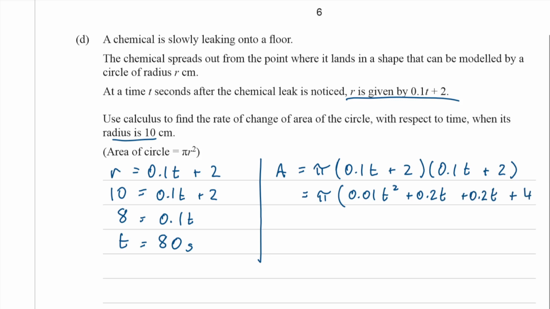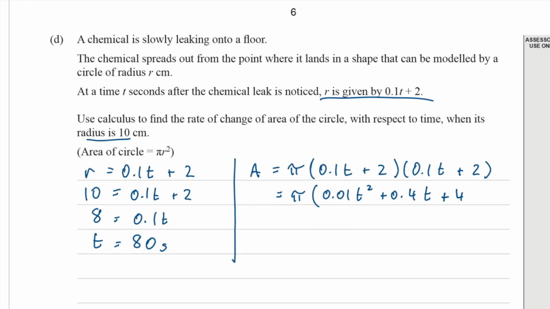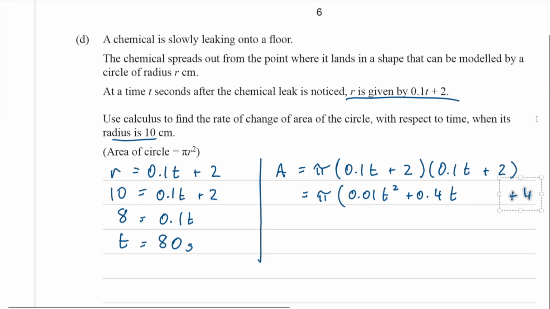Those middle two terms will combine to plus 0.4t, plus 4.